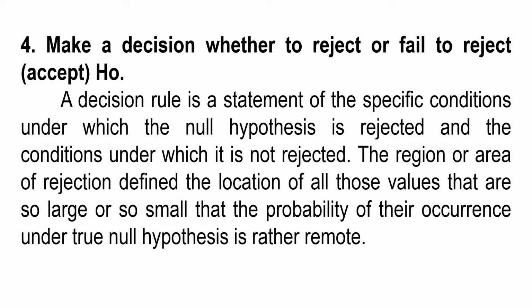So for step number 4, it's all about making our decision whether to reject or fail to reject your null hypothesis. Again, as a researcher, we don't like to prove that there is no significant difference between your two variables.